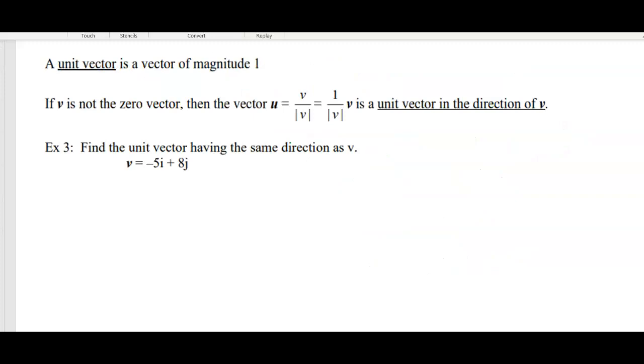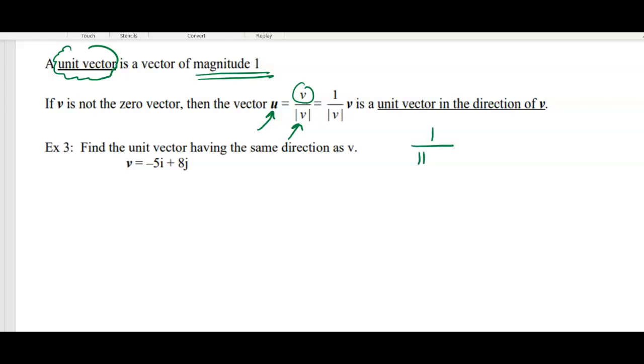Let's go. So unit vector: if I want to take any vector of any length, it could have a magnitude of 0.2, it could have a magnitude of 3,000, but if I want to convert any vector into a unit vector, that means a vector that is in the same direction, but it only has a length or magnitude of 1, all I have to do to build a unit vector is divide the vector by its magnitude, which really means you're going to take 1 over the magnitude.